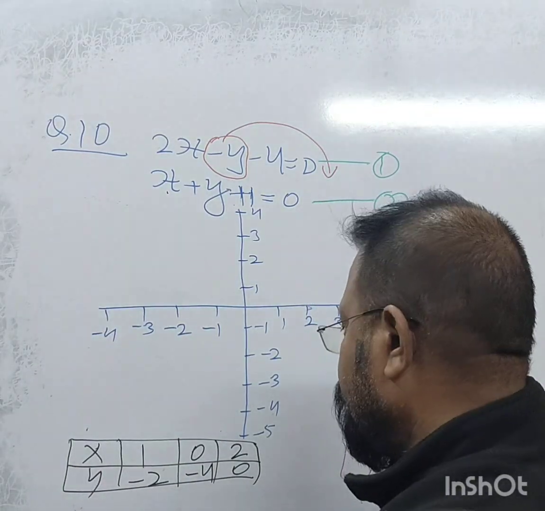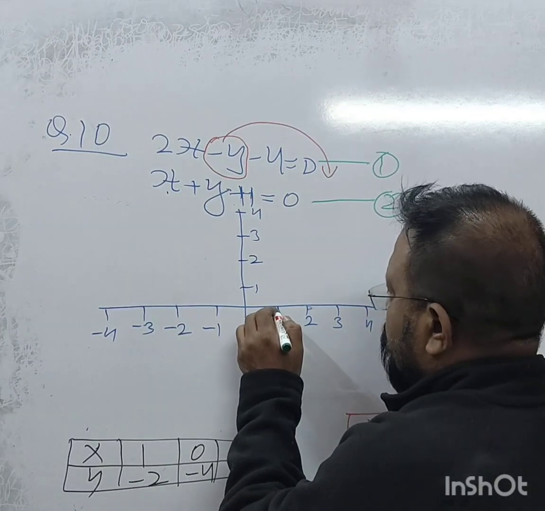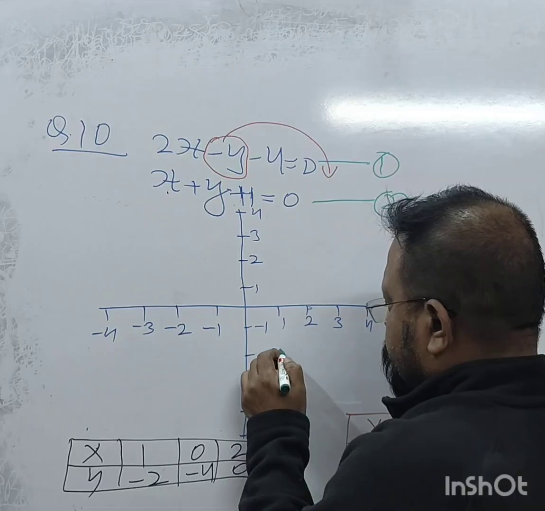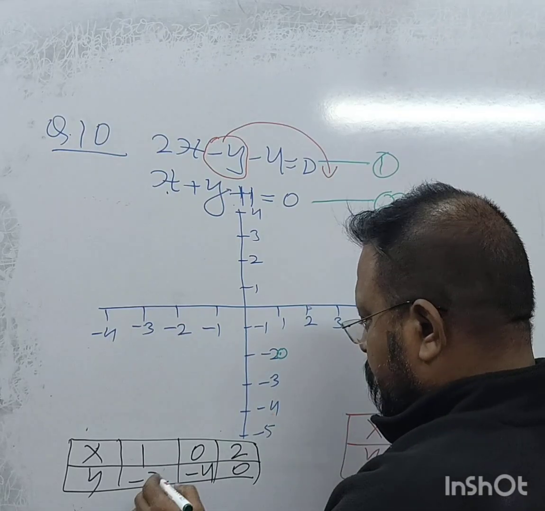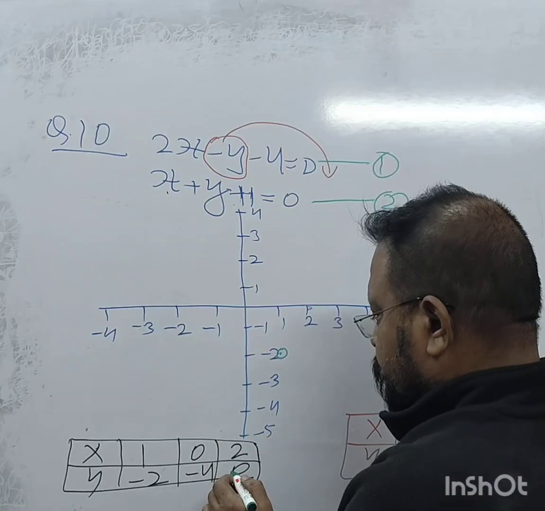Now first, 1 comma minus 2. Then 0 comma minus 4.